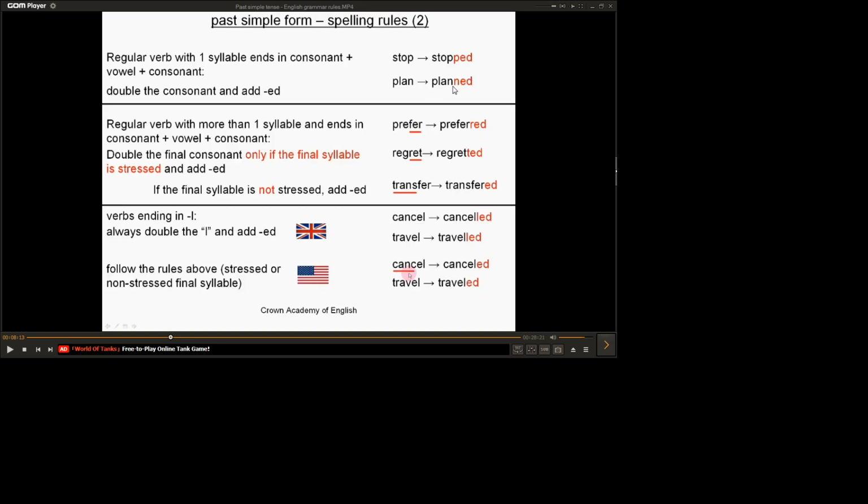Oke? Terus bagaimana kalau dia lebih dari satu silabel, lebih dari satu suku kata? Prefer, regret contohnya. Tetap sama, r-nya di-double, dengan ketentuan kalau yang ujungnya ini lebih di-stress atau dititikberatkan: prefer, regret.